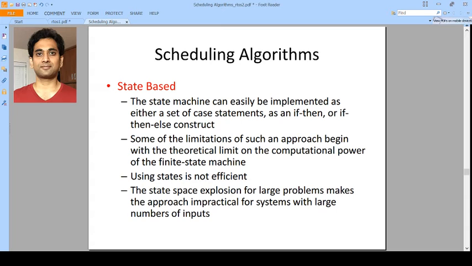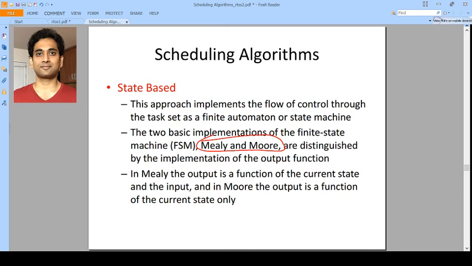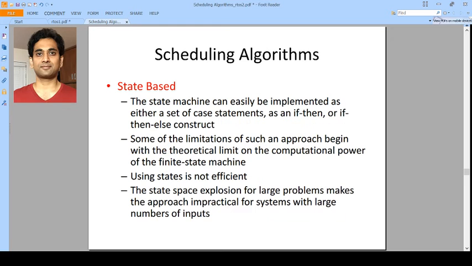State-based scheduling algorithms are used rather carefully. Using states is not really efficient because of state space explosion for large problems.